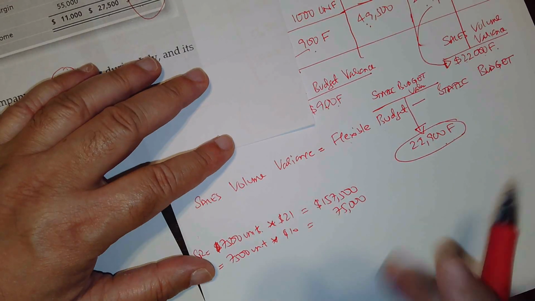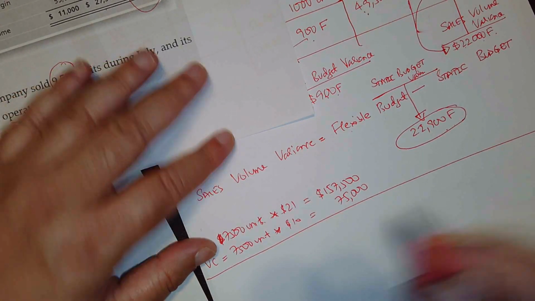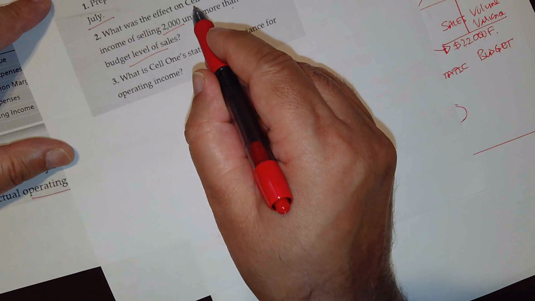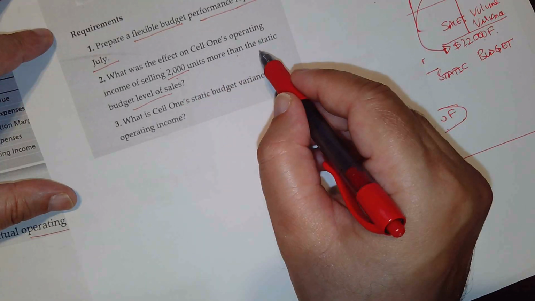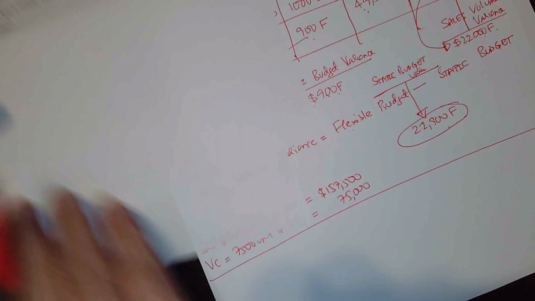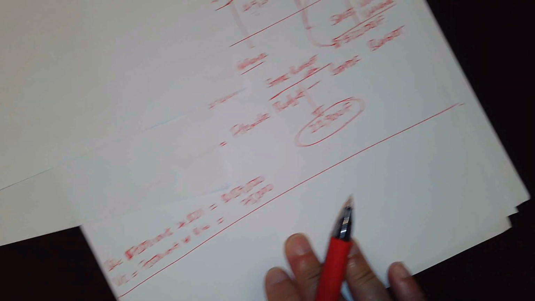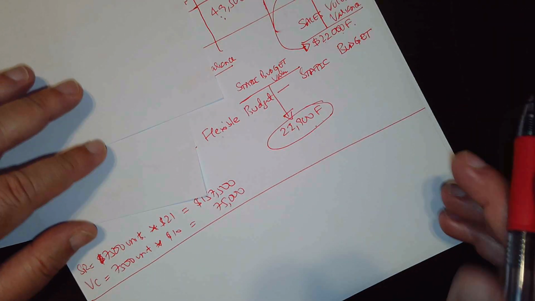So to answer requirement number 2, what was the effect on operating income of selling 2,000 units more than the static budget? So what happened here when we sold 2,000 more units?